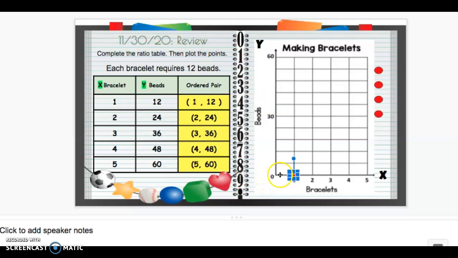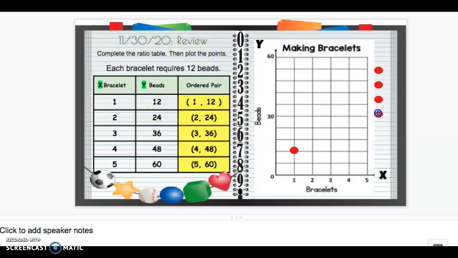So again, we're walking 1, so my point started at my point of origin, which was 0. I walked to 1, and I have to go to 12. So this would be 6, and this would be 12, if we were counting by 6. So that's my first point, 1, comma, 12. Now I have to do 2, comma, 24.